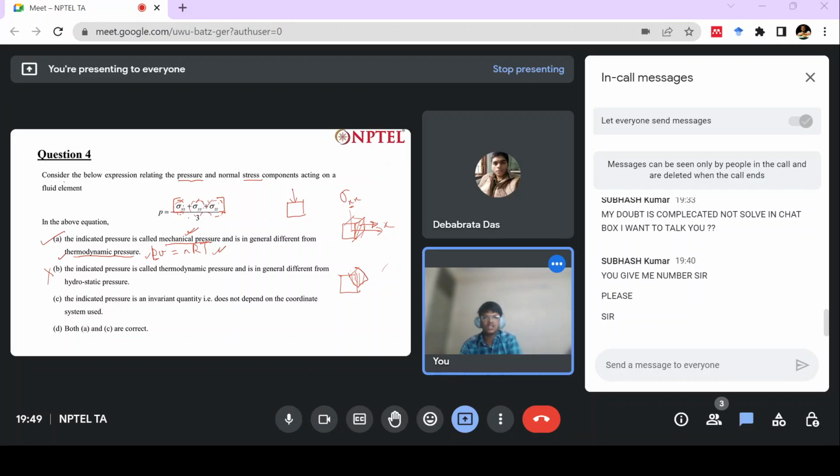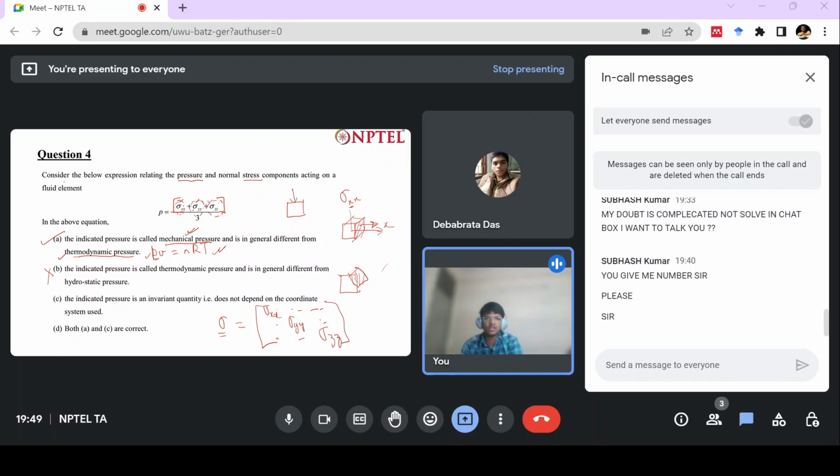So, what is this? Whenever you have stress and you are given three axes, this is your stress tensor. You can write your stress tensor like this, sigma xx, sigma yy, sigma zz, and your other terms also here you will write.